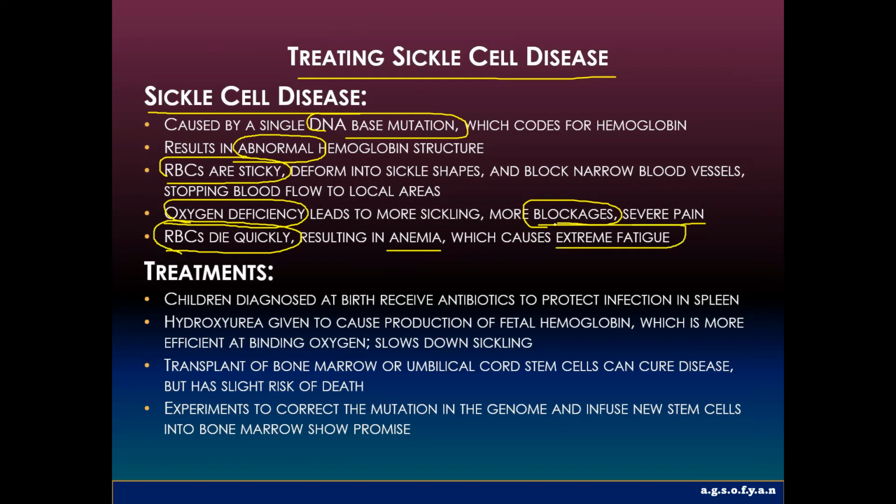So someone that has sickle cell anemia usually feels exhausted, and it's easy for them to feel exhausted. Sometimes they also have pain due to abnormality of red blood cells. Treatment usually uses antibiotics to protect against infection of the spleen.